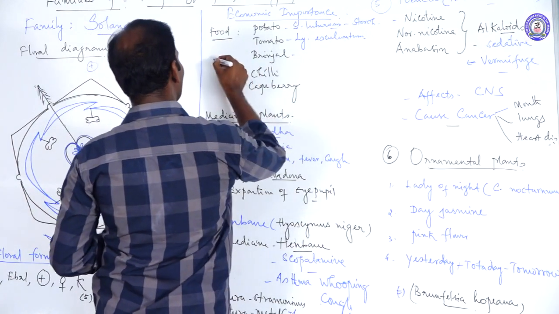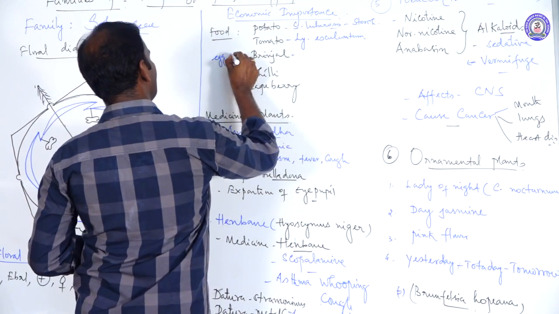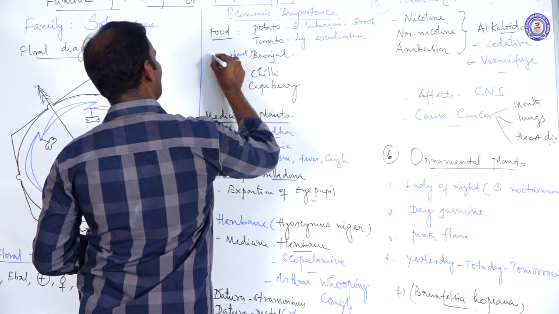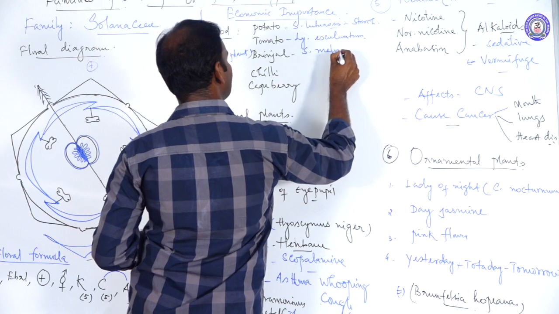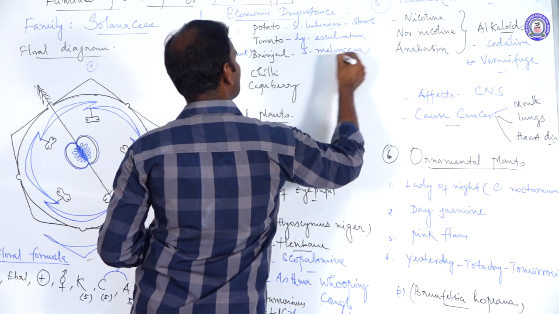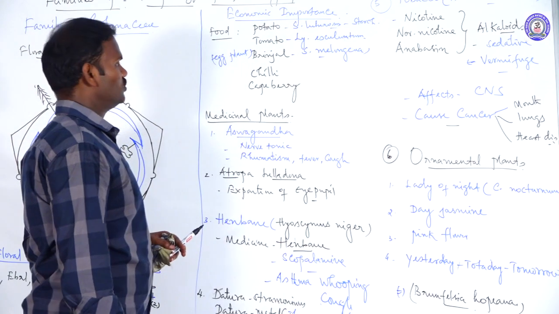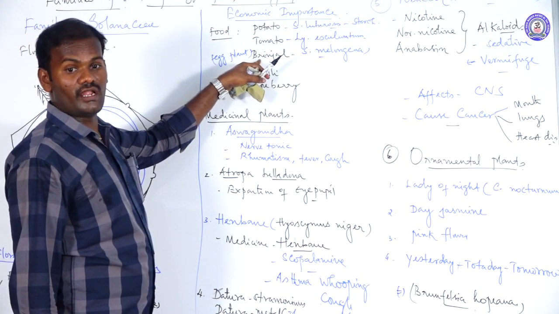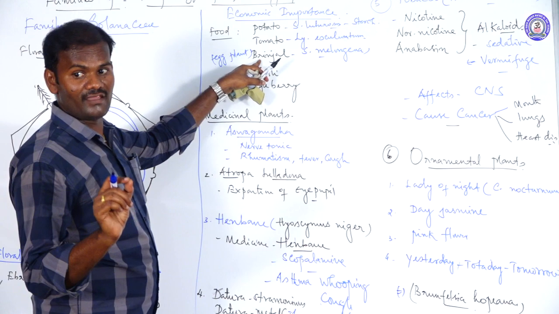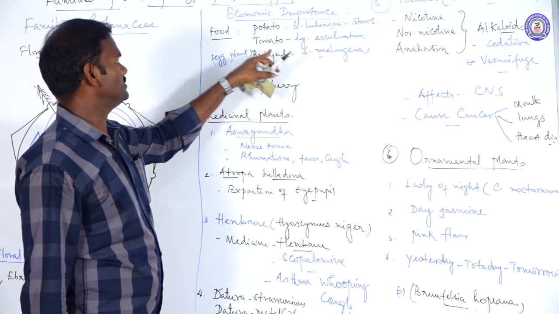Brinjal, commonly called eggplant. What's the binomial? Solanum melongena. It is also used as a vegetable. I mean the tender fruits of Solanum melongena. Tender, not ripe fruit, used as a vegetable.